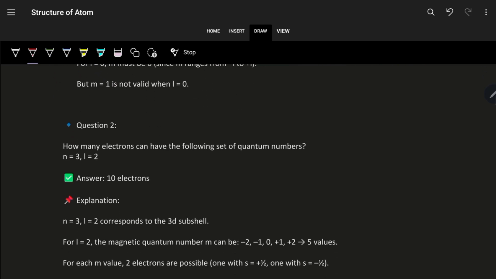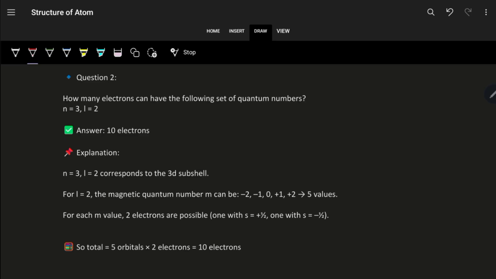Okay. Next. Question number 2 that I had selected. How many electrons can have the following set of quantum numbers? That is, n equal to 3 and l equal to 2. How many electrons can have? See, I said 10 electrons can have n equal to 3 and l equal to 2.